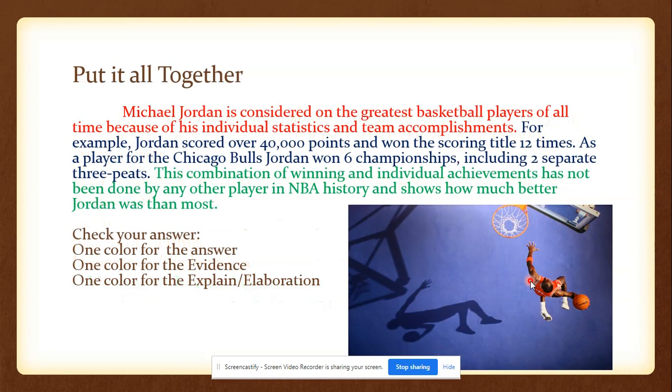Let's read how that looks all together. Michael Jordan is considered one of the greatest basketball players of all time because of his individual statistics and team accomplishments. For example, Jordan scored over 40,000 points and won the scoring title 12 times. As a player for the Chicago Bulls, Jordan won 6 championships, including 2 separate three-peats.